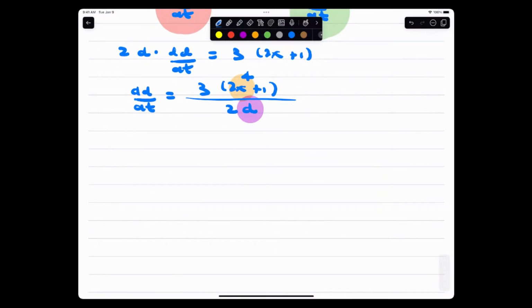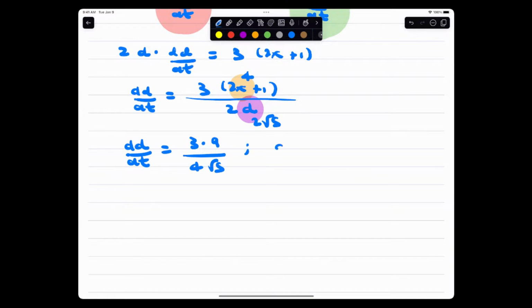So now, 2 square root of 5. So dD/dt becomes 3 times, what's 2 times 4? Is that 8 plus 1? Isn't that 9? Is that 4 square root of 5? Okay, so double check my arithmetic, ladies and gentlemen.